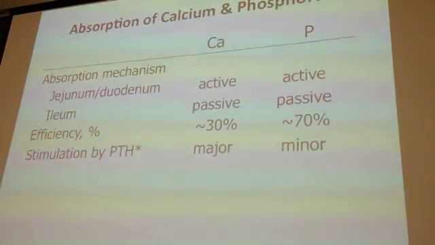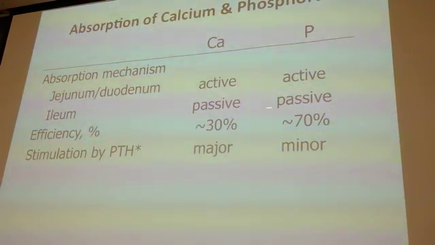Okay, so in terms of absorption of calcium and phosphorus from our GI tract, our body uses both active and passive mechanisms. So in the jejunum, and particularly in the duodenum, both calcium and phosphorus are going to be taken up. Most of this phosphorus is in the form of inorganic phosphate by active transport mechanisms. But once they reach the ileum, they're going to be taken up more by passive mechanisms.